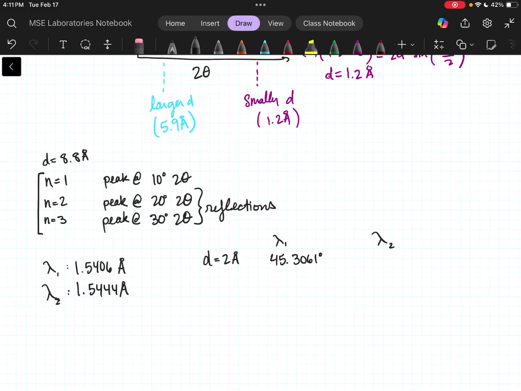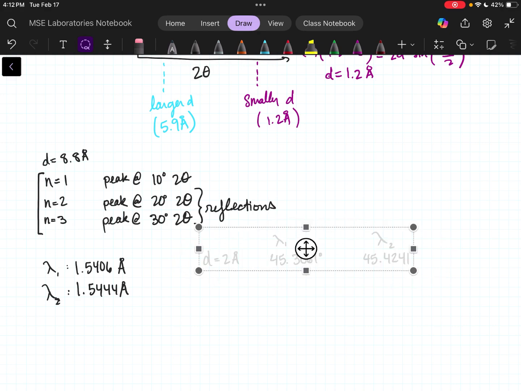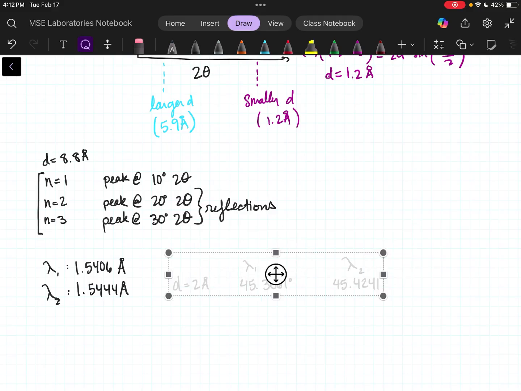wavelength 1 is going to give me a peak at 45.3061. And that second wavelength, the black sheep of the family, is going to give us 45.4241.